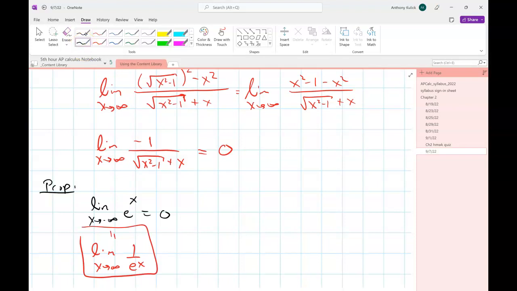Okay, what's up? If I have 1/2, that's 0.5. 1/3, 0.3. 1/4, 0.25. 1/5, 0.2. As the number in the denominator is getting bigger, you're getting closer and closer to 0. That's all we're saying. So 1 over big is going to 0. Okay, I just need to know that.